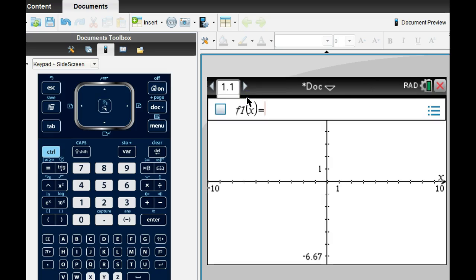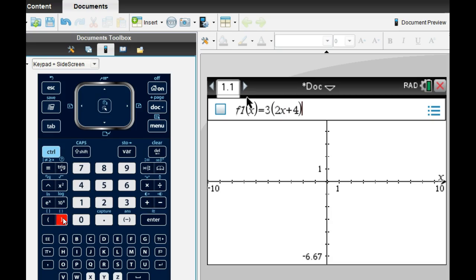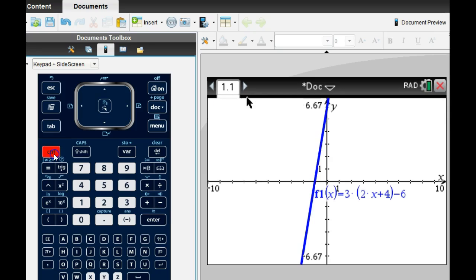If you graph these, you can see the answer, you can see the table, sorry. Control T.